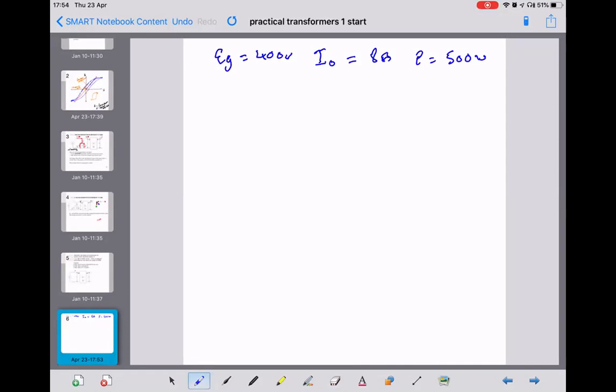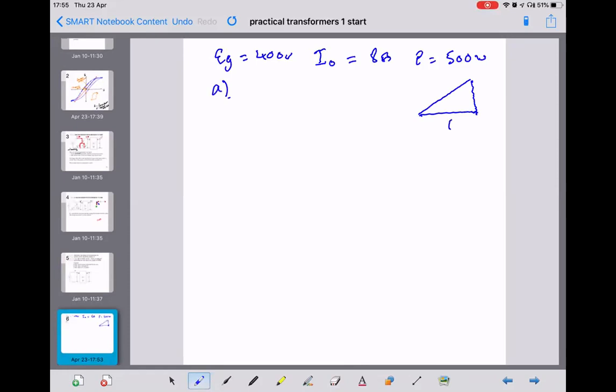So the reactive power, as it's asking for, is find Q. If you've done V over I, that would give you S, wouldn't it?